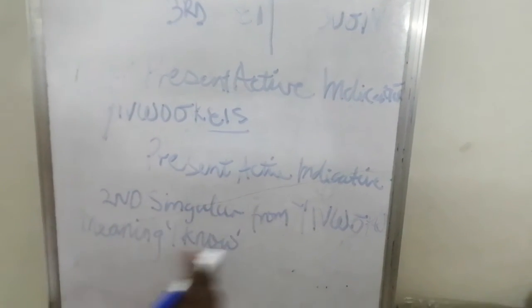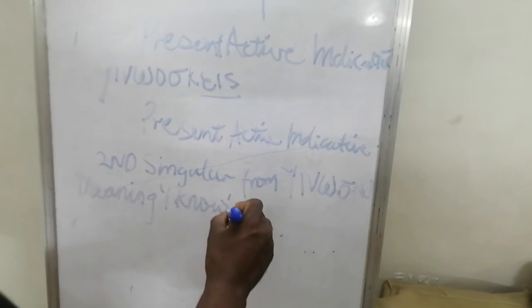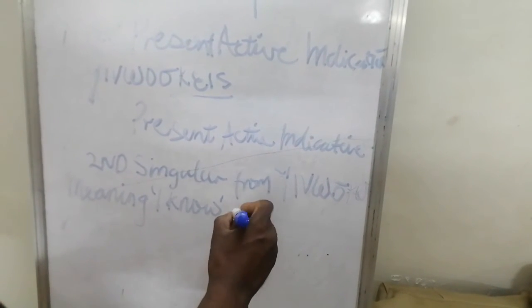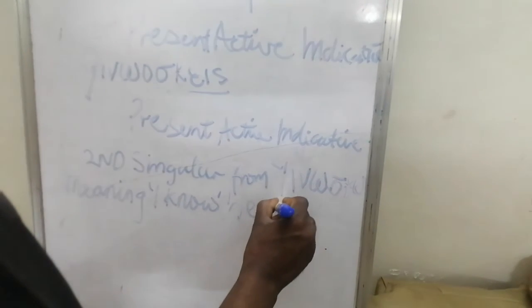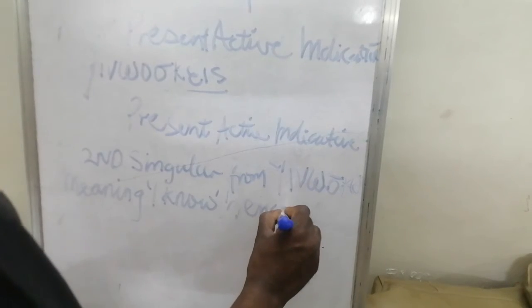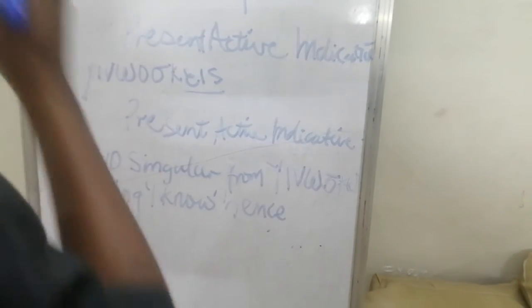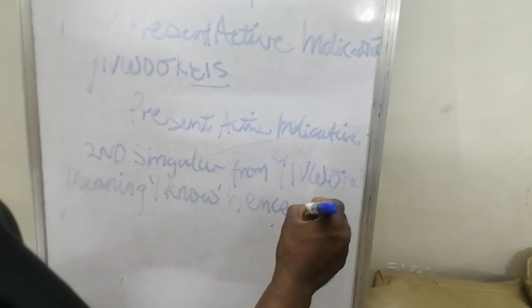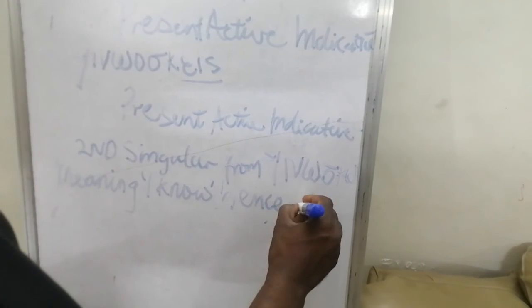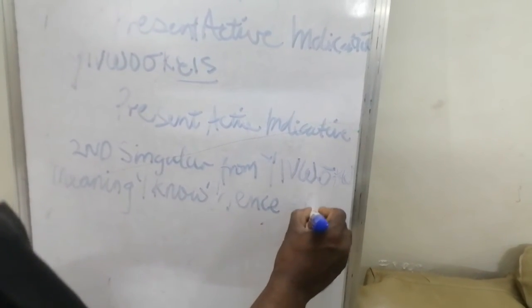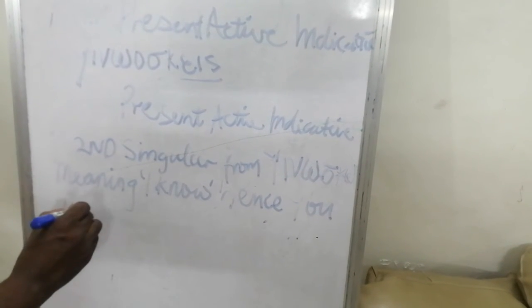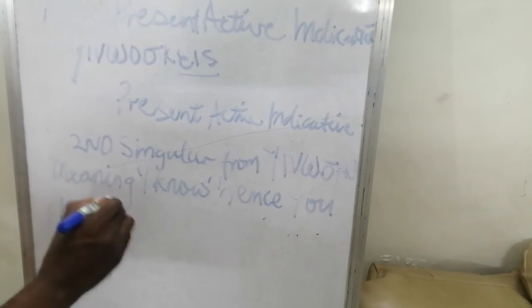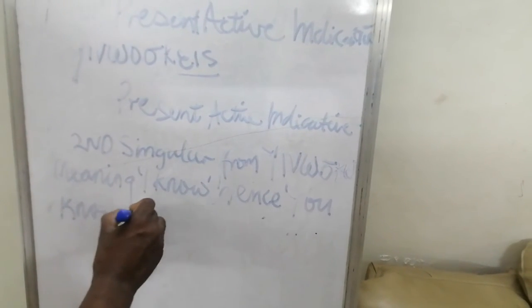When you have put the meaning of the root word, you go ahead and say, since it is in the second person singular, hence you know. You have been able to parse that word properly.